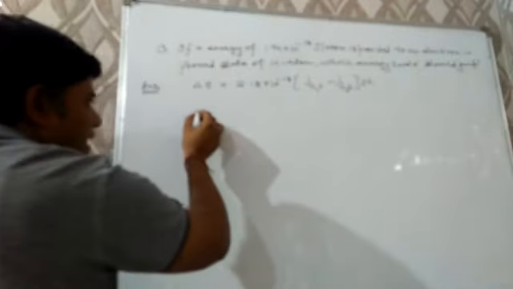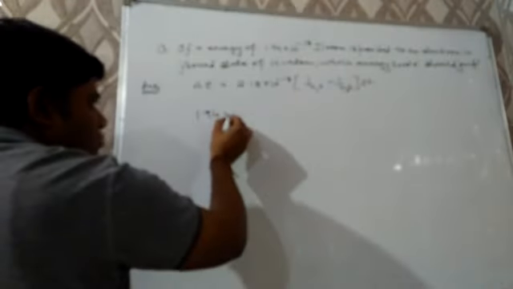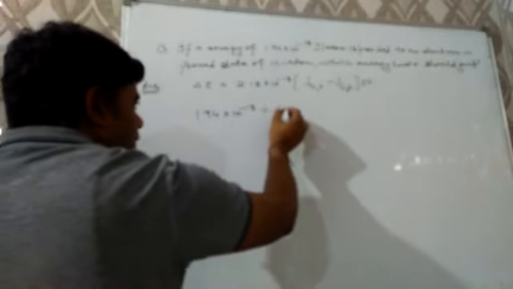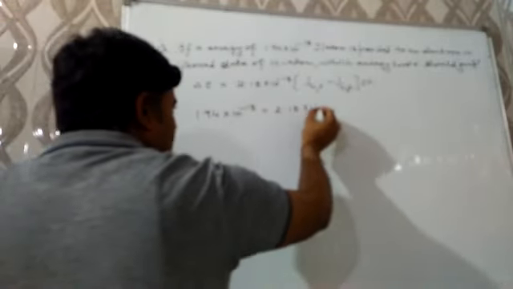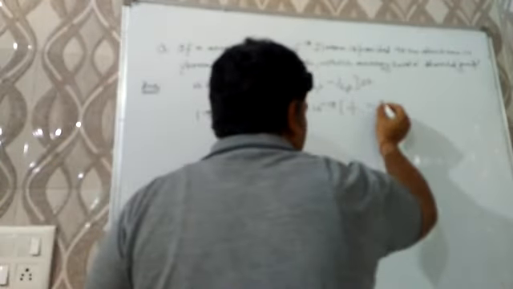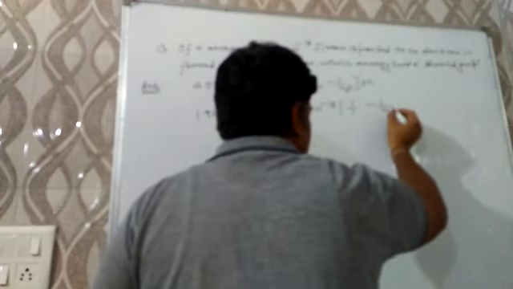Here n1 is the ground state, which is 1, n2 we need to find, and for hydrogen z is 1.